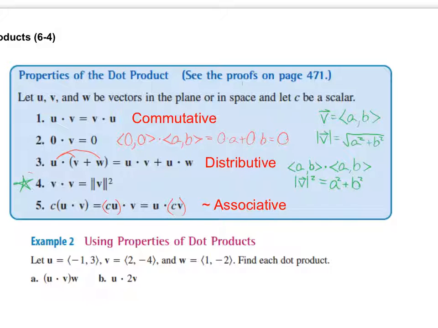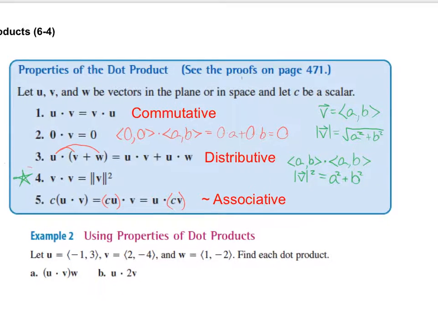Or maybe you recognize that one of the vectors has a common factor. Let's say you had the vector (8, 12), and you recognize that 8 and 12 are both multiples of 4. I could write that as 4 times the vector (2, 3). Then you could find the dot product with the (2, 3) to keep your number smaller, and just multiply your answer by 4 at the end. That's another way you could use this property.